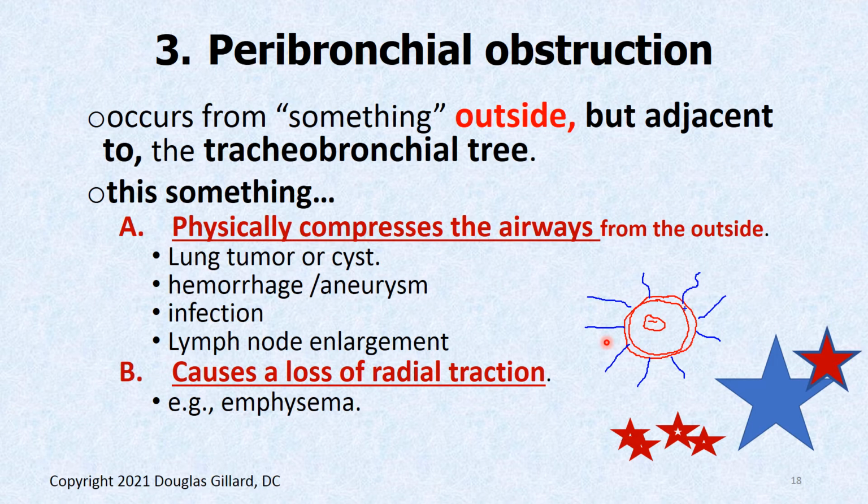So the lung tissue literally holds these tubes open, and that's called radial traction. So if you get a disease that wrecks the parenchyma of the lungs, like emphysema, you lose radial traction, and these can collapse, and you're in big trouble then.